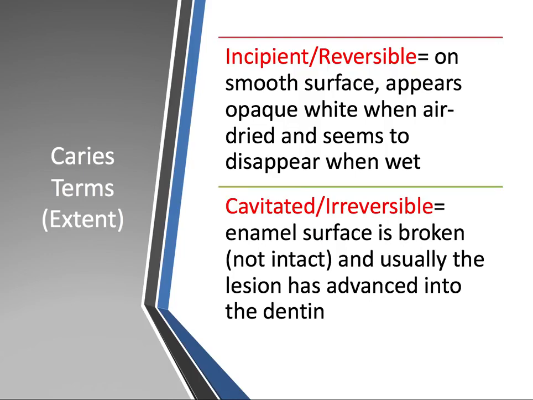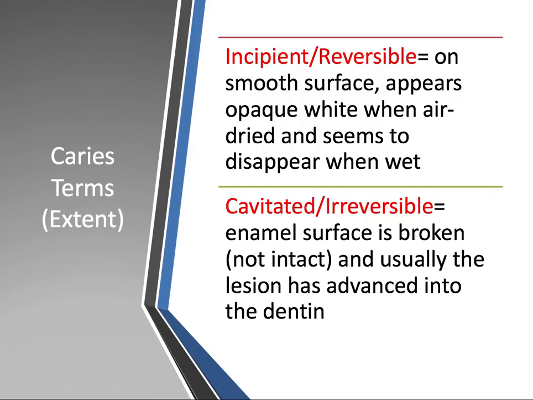So some really good terms to know. We're going to talk about caries terms with regards to extent of the lesion first. An incipient lesion or a reversible lesion, when it occurs on a smooth surface, you're going to notice this very specific quality.